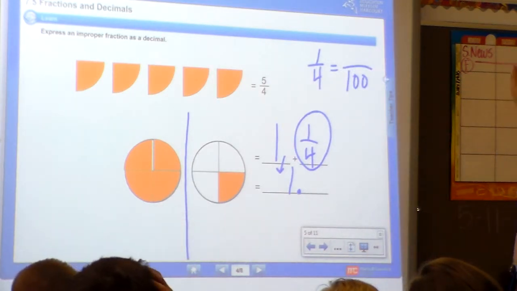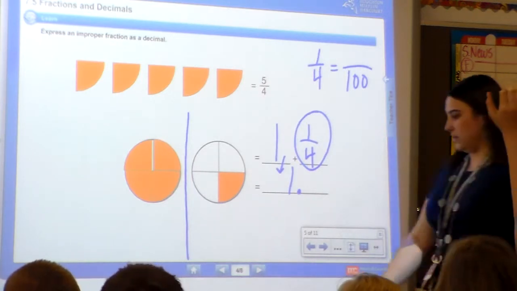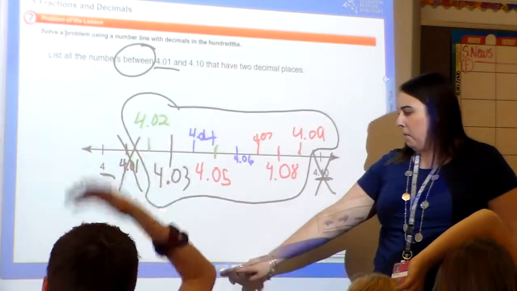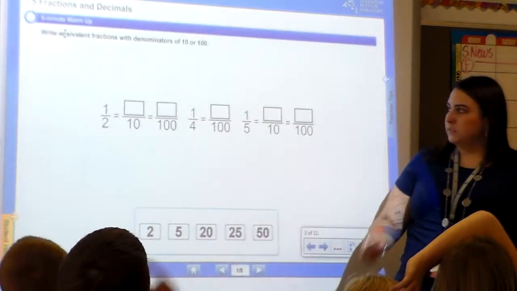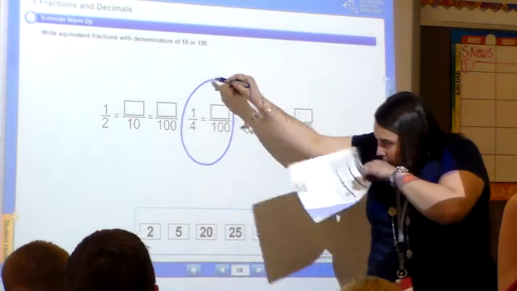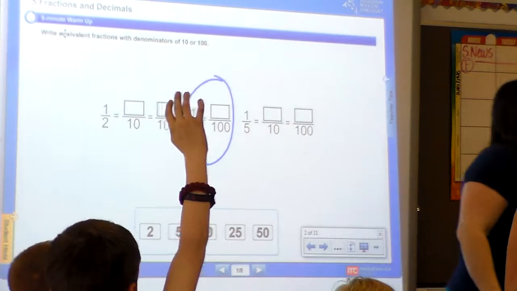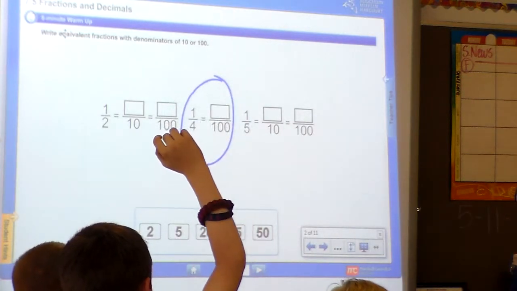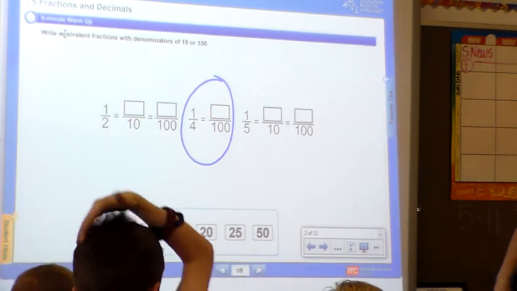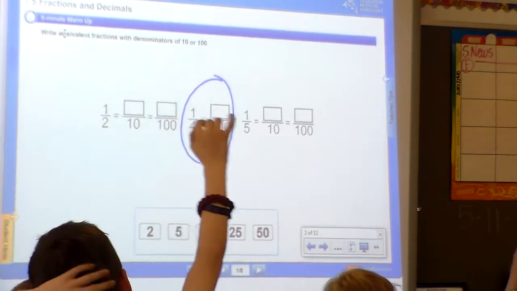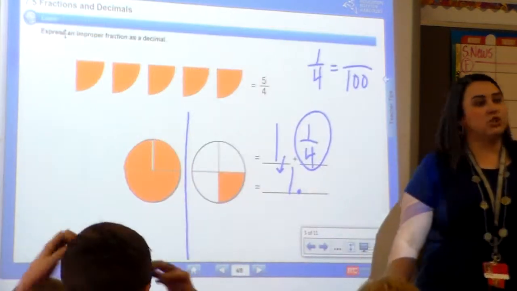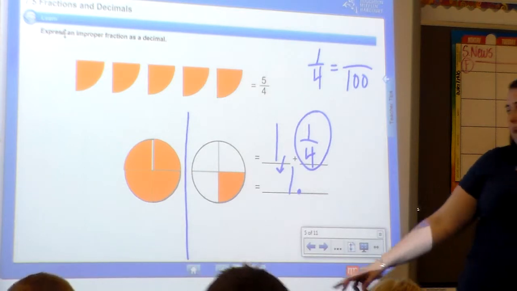I think tenths are easier. Why can't we do tenths? We already talked about this. Haley? Because there's no 10 in the 4. It has to be hundredths because you can't make fourths into tenths.